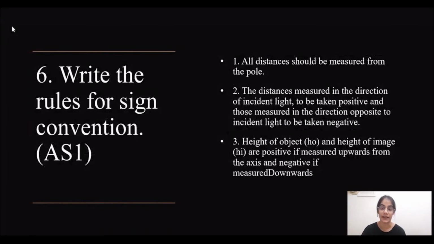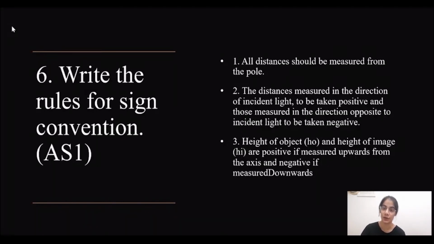Write the rules for sign convention. Three rules of sign convention have been mentioned in the book that you study this chapter from. When giving negative or positive signs to the terms in the mirror formula, that is focal length, image distance, and object distance, all distances will be measured from the pole.